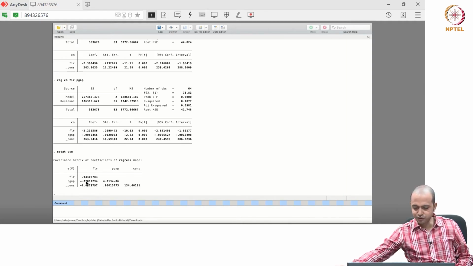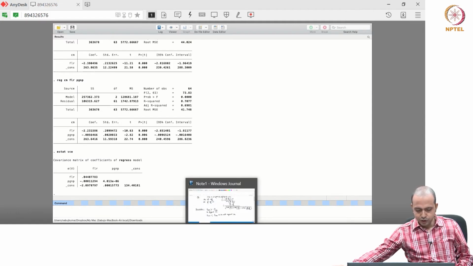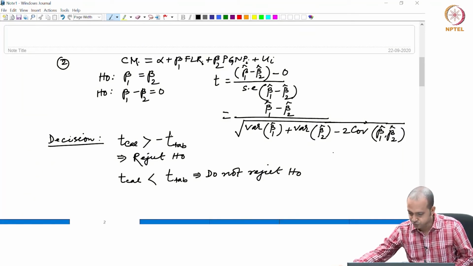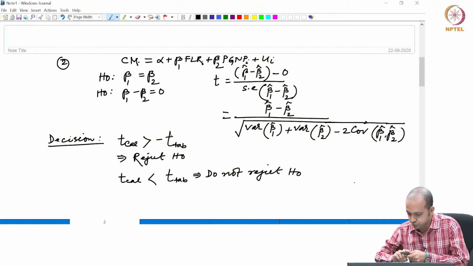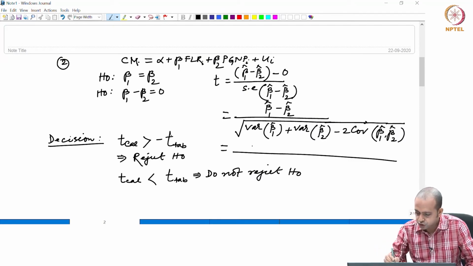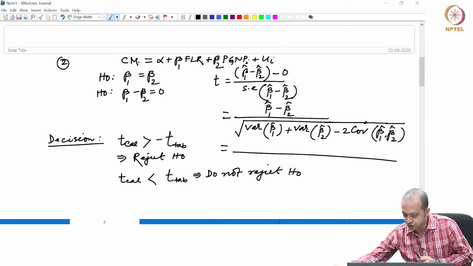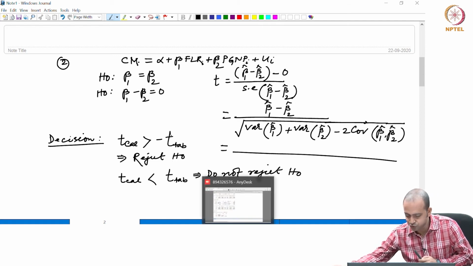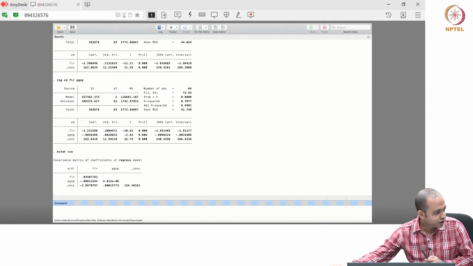So, this formula will become this formula: beta 1 hat minus beta 2 hat in the numerator, and beta 1 hat is basically minus 2.23, minus 2.23, then again minus of this. So, it will become plus 0.005.